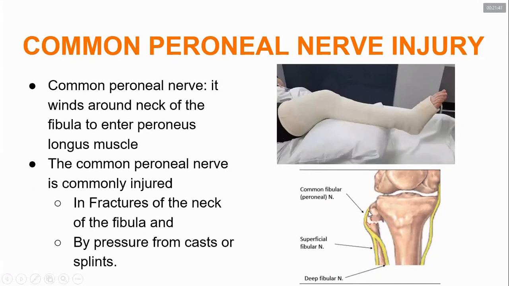Any ganglion or any tumor of the head of the fibula that compresses the common peroneal nerve can lead to common peroneal nerve injury, or any sort of varus injury where the leg goes into varus. This leads to stretching of the common peroneal nerve on the lateral aspect of the knee. So this can also lead to common peroneal nerve injury because of traction.